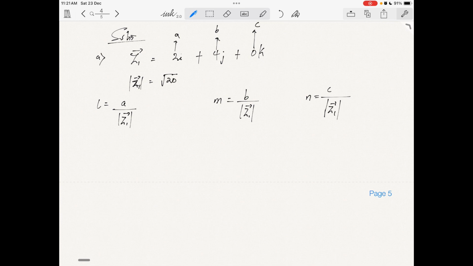Now, a is 2 and the modulus of the vector is root 20. For m, b is 4 and the modulus is root 20. And n is 0 over root 20, which will eventually give us 0. It's just as easy as that.